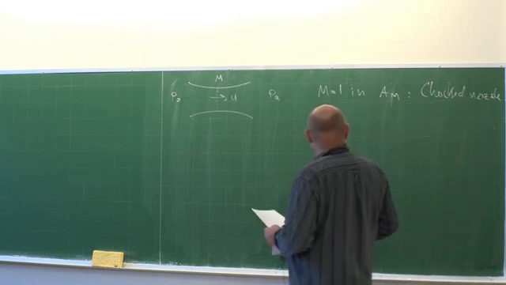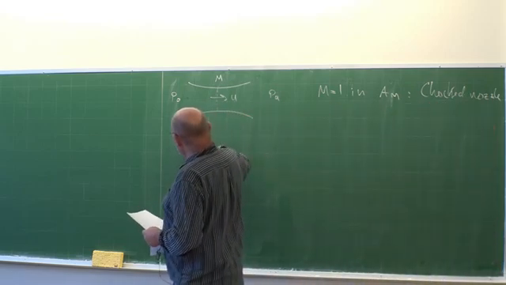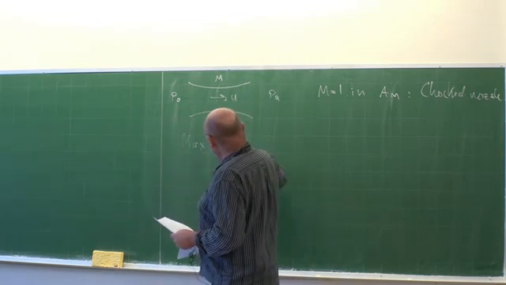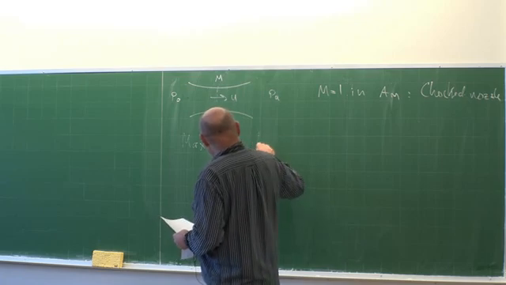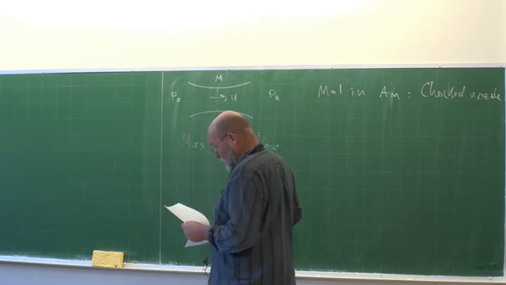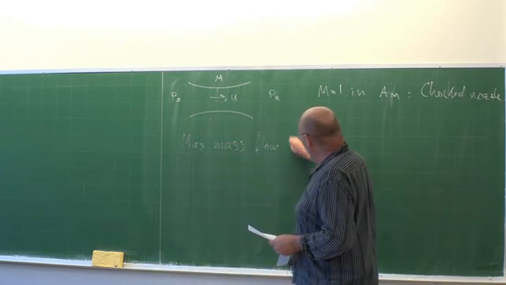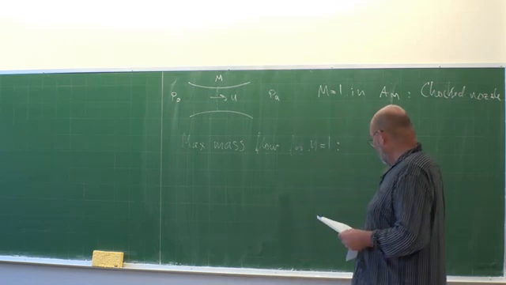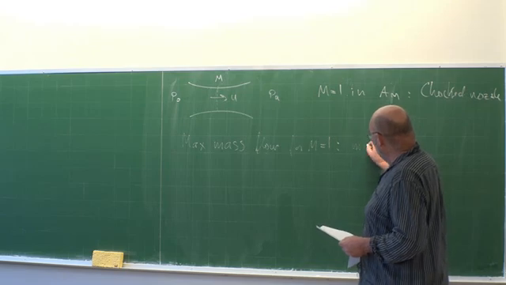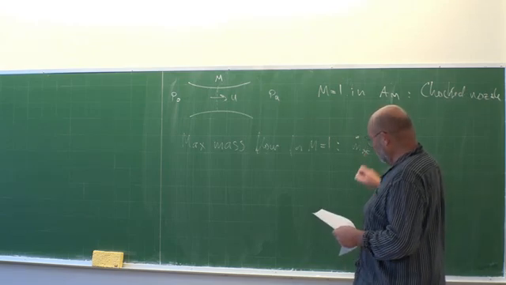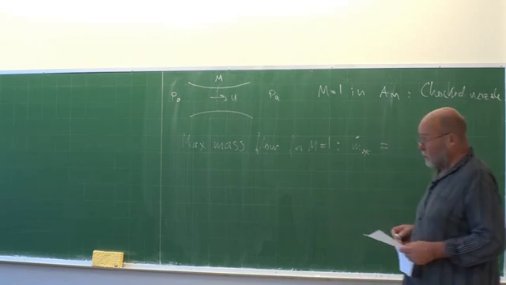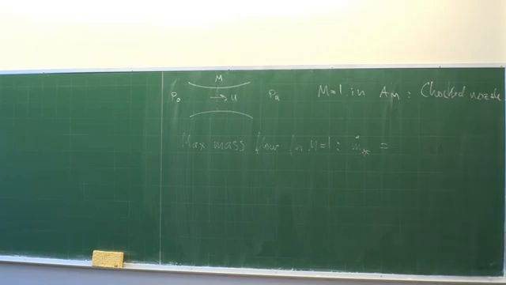So let's now have that one. The maximum mass flow, say for Mach number equals 1, or should we call it m dot star? Yeah, why not? And that one is now given from our relations.